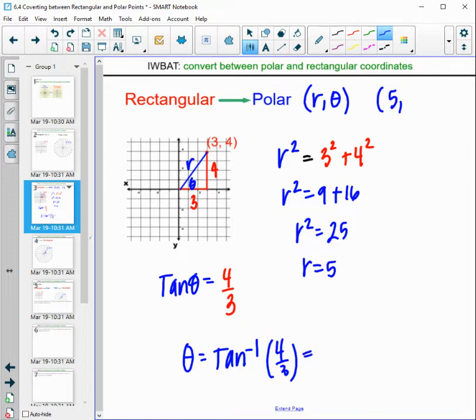Sometimes we're going to need to do it from the unit circle, but for this example, we're just going to do degrees. So tan inverse of this would be 53.1 degrees. And that's your theta measure. So you have that r comma theta, which, if you remember, was the point that I just showed you. So that's going from rectangular to polar.